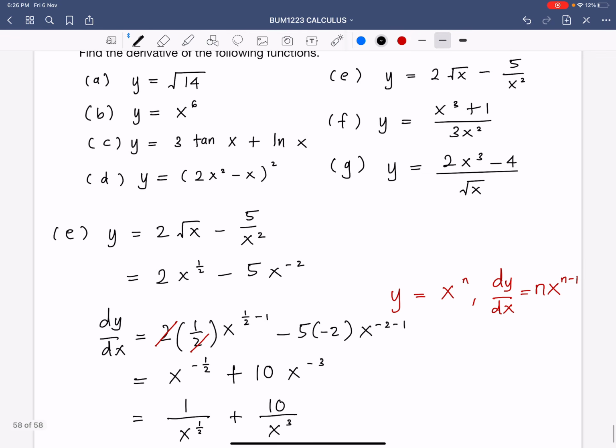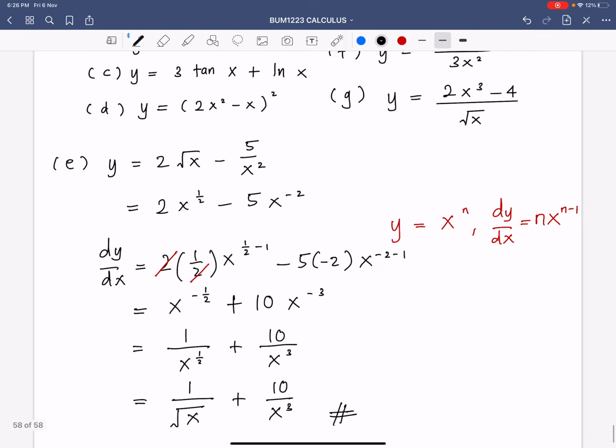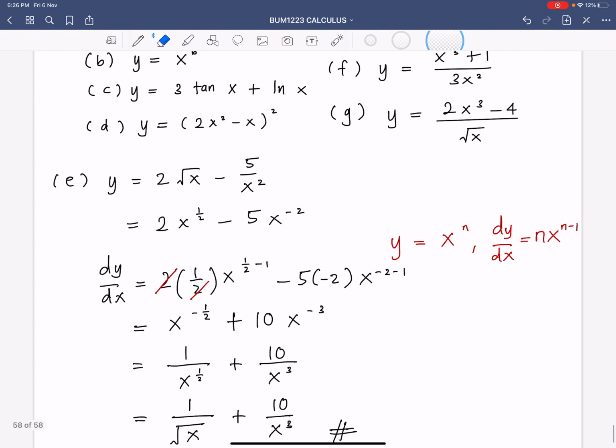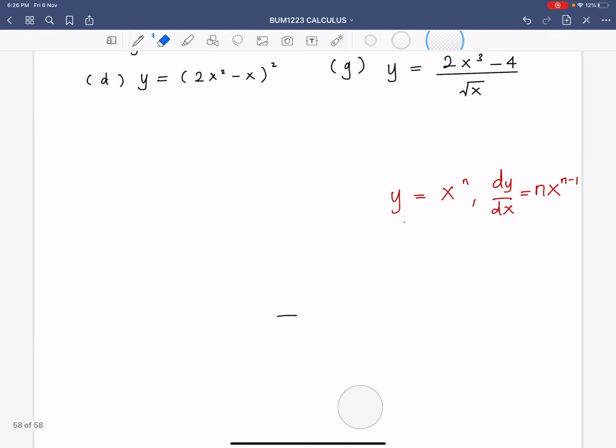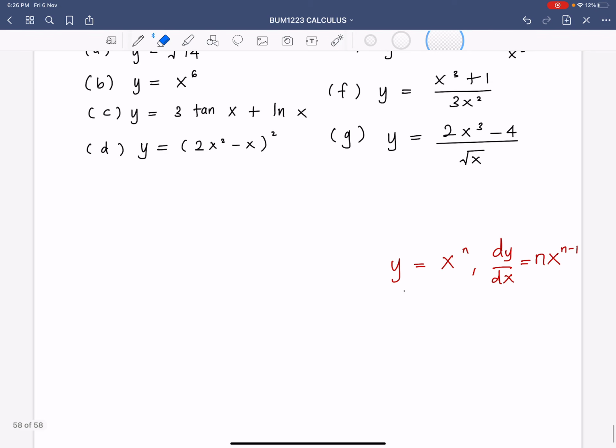Alright, next question F. I'll erase this first. For question F, we have y equals x cubed plus 1 over 3x squared.